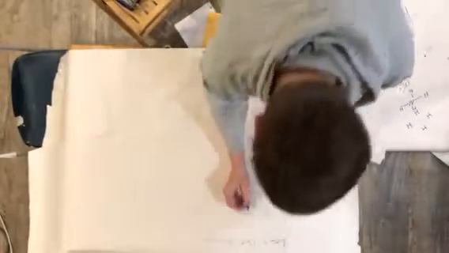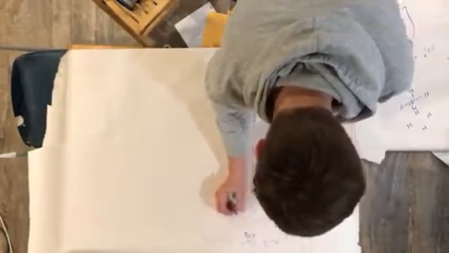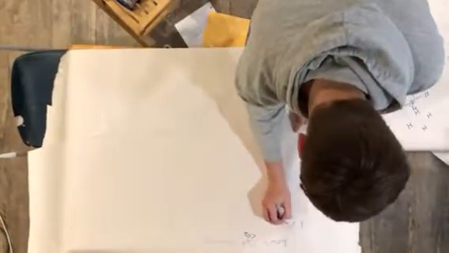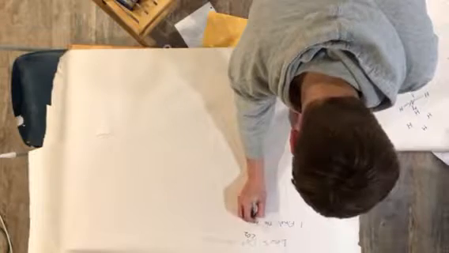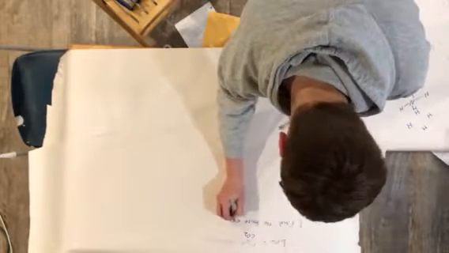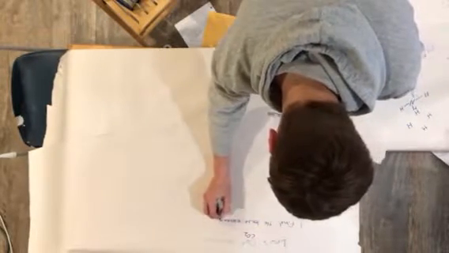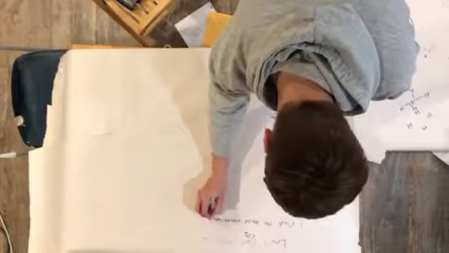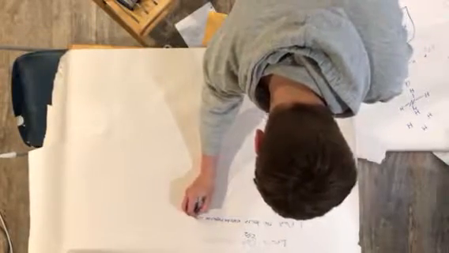Step one is to find the least electronegative atom. So if we're drawing a Lewis dot structure diagram for CO2, you've got to find the least electronegative atom.